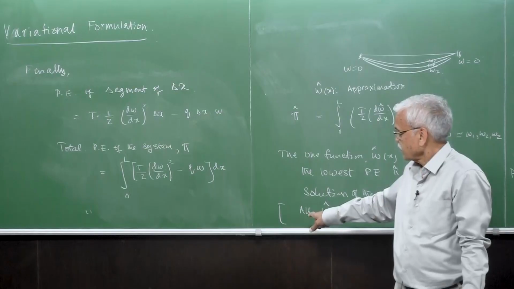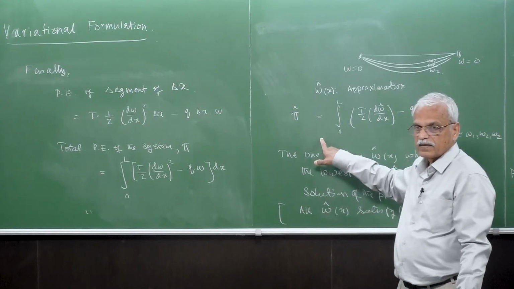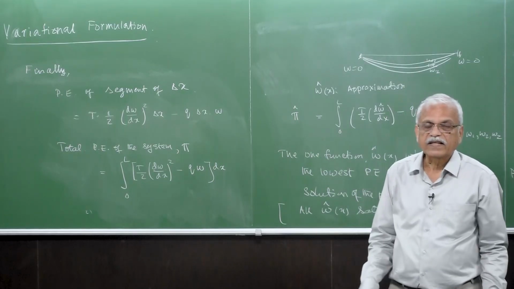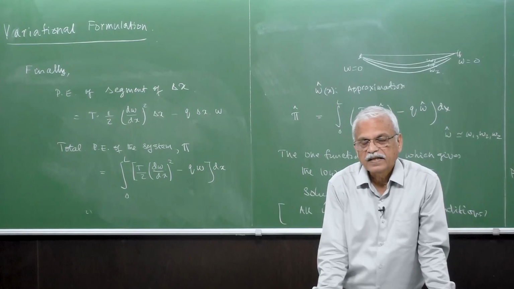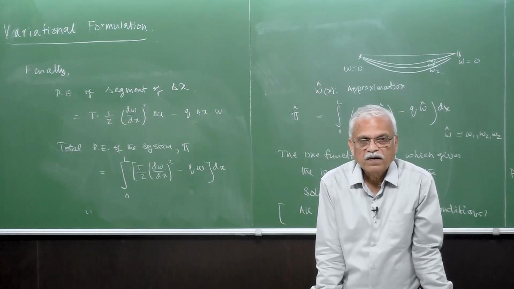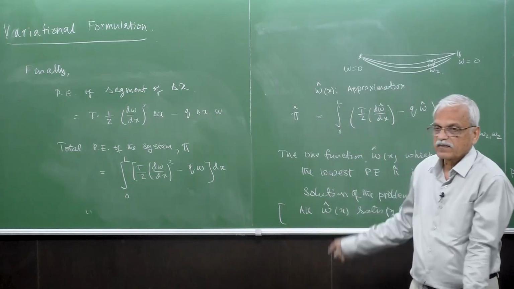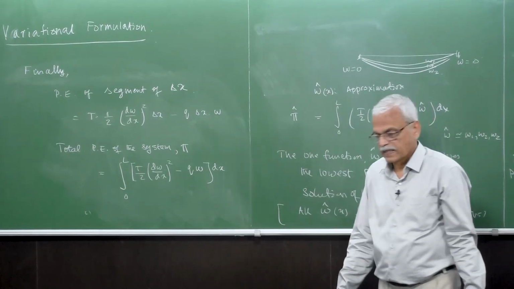So you can also say that the one which minimizes the potential energy pi hat will satisfy the differential equation. Or you can also say that the equation which satisfies the differential equation is the one which minimizes the potential energy. So both ways you can say that.